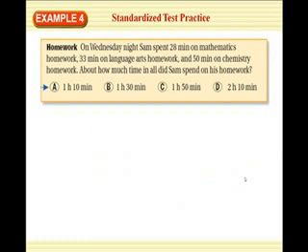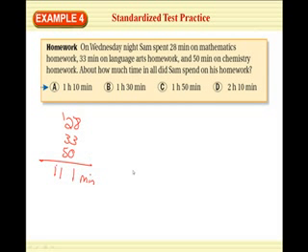So example number 4, the last one, I believe. On Wednesday, Sam spent 28 minutes on math, 33 on language arts, 50 on chemistry. How much time did Sam spend in all? So 28 plus 33 plus 50. 100, 8, 9, 10, 11, 111 minutes.